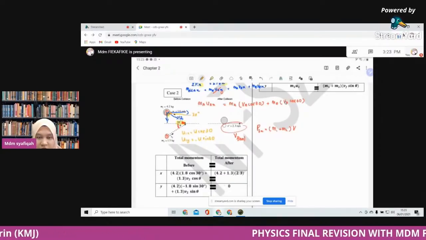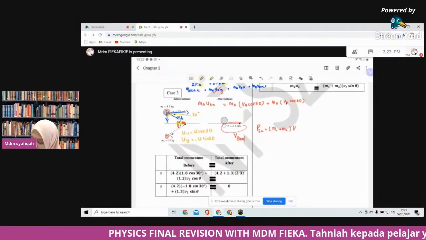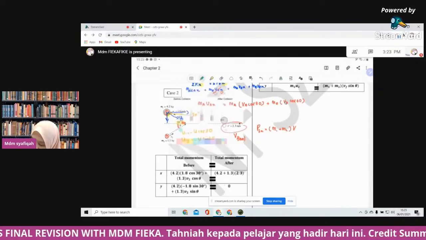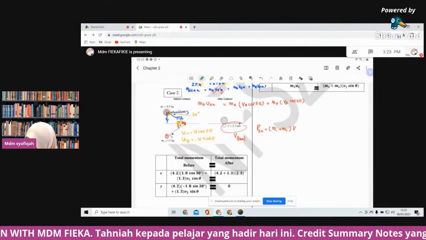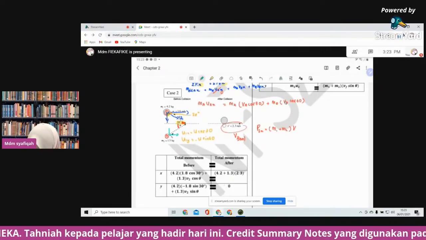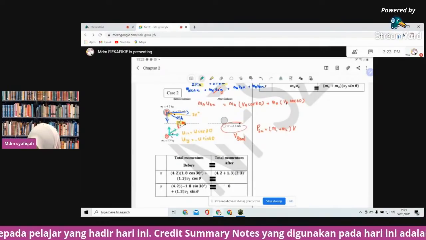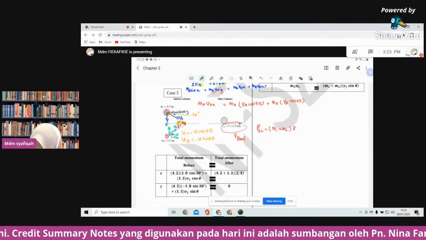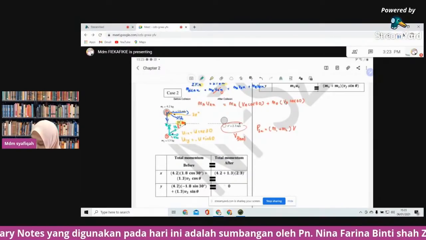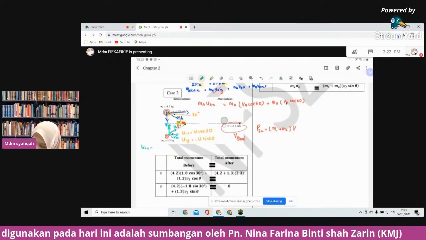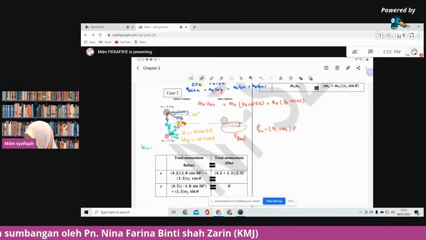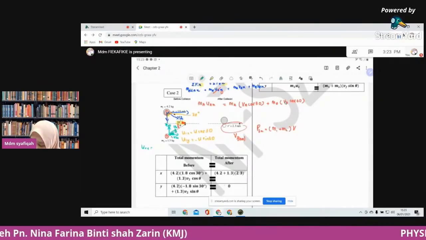So kena resolve. So in X component, look at here. Untuk M2 pula, M2 pun sama. You need to resolve into X and Y component. So we have U2, so you ada U2X and U2Y. U2X is equal to, yang ni kita tak ada nilai angle dia, saya letak saja theta.